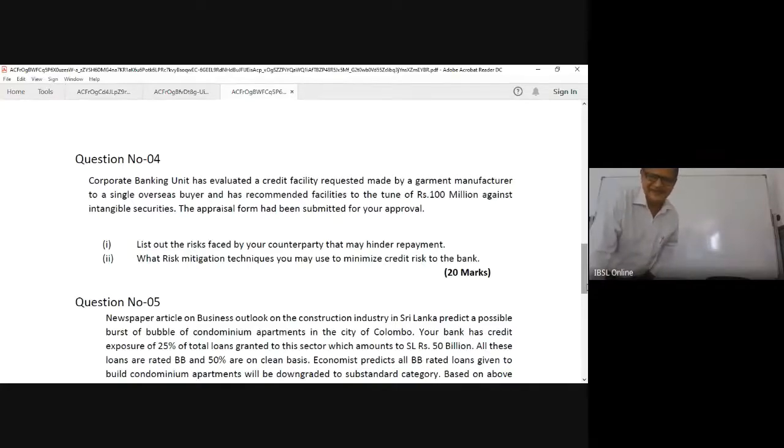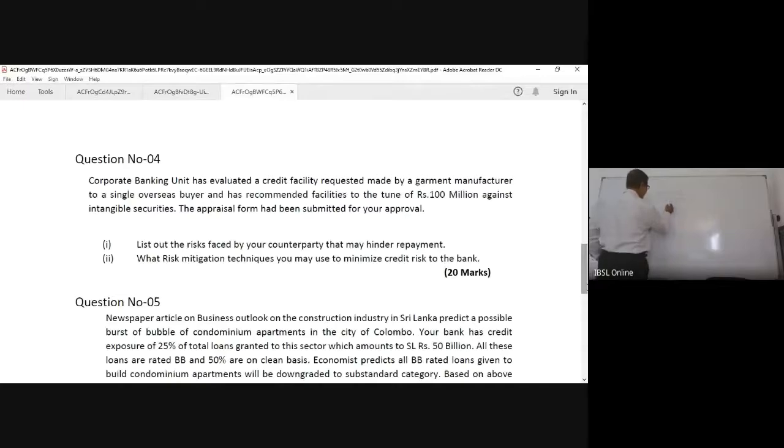Now, under credit risk, we have collateral risk, because he is not giving us tangible collateral. Then he also says he's doing exports.